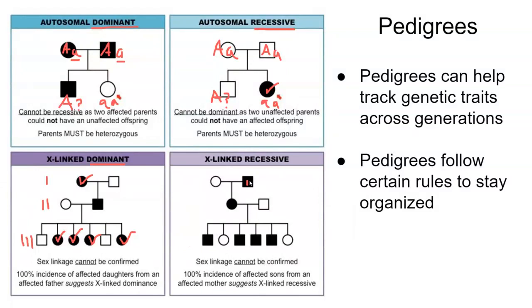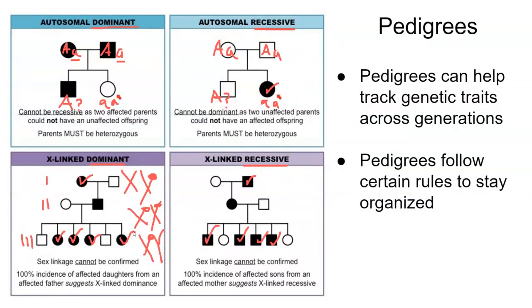Compared to this family where this is a male that's affected, this is a male that's affected, this is a male, male, and male that is affected, I'm going to assume that this is X-linked recessive. Because in the dominant case, a female only has to have one mutated gene, or it could have two mutated genes and it would still express it, or a male would only have to have one mutated gene.